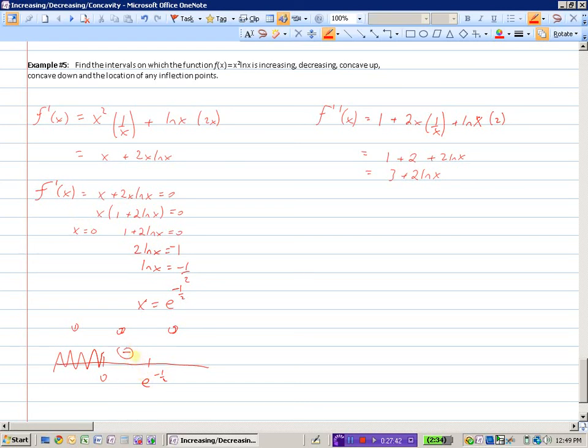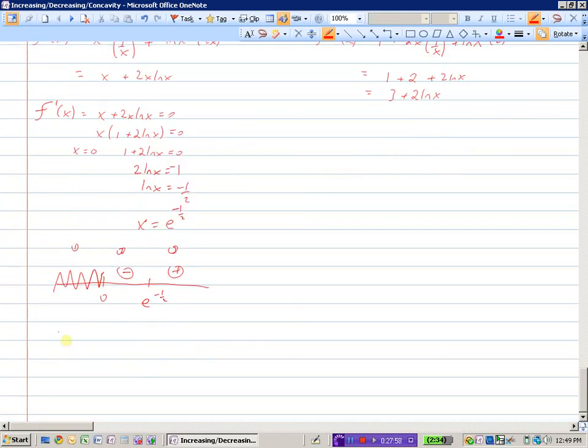And then I'm going to test a point in this region here, like 10. ln 10 is positive, times 2 is positive, plus 1 is still positive, times 10. This would be a positive region. So this function is decreasing on the interval from 0 to e to the -1/2.